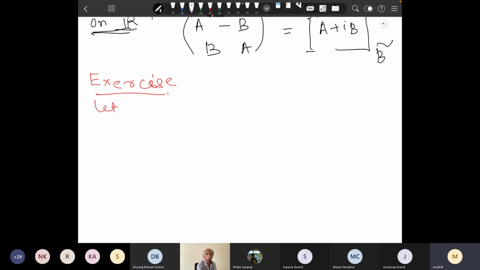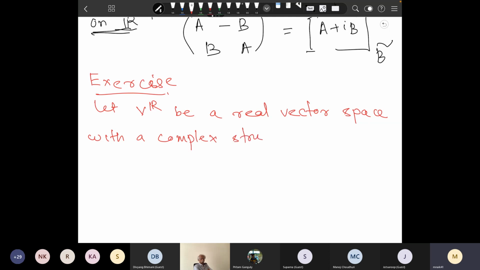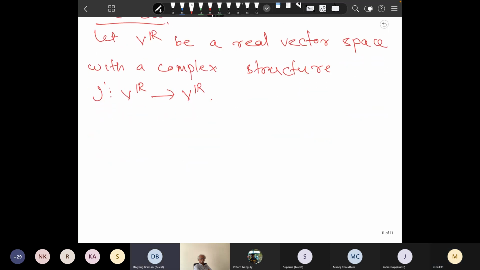Exercise: let V_R be a real vector space with a complex structure J. So let V be the corresponding complex vector space.